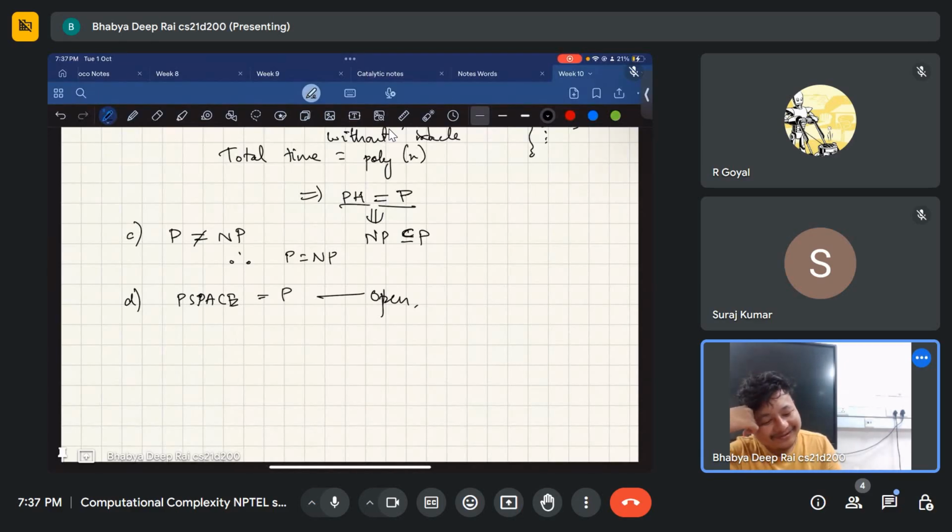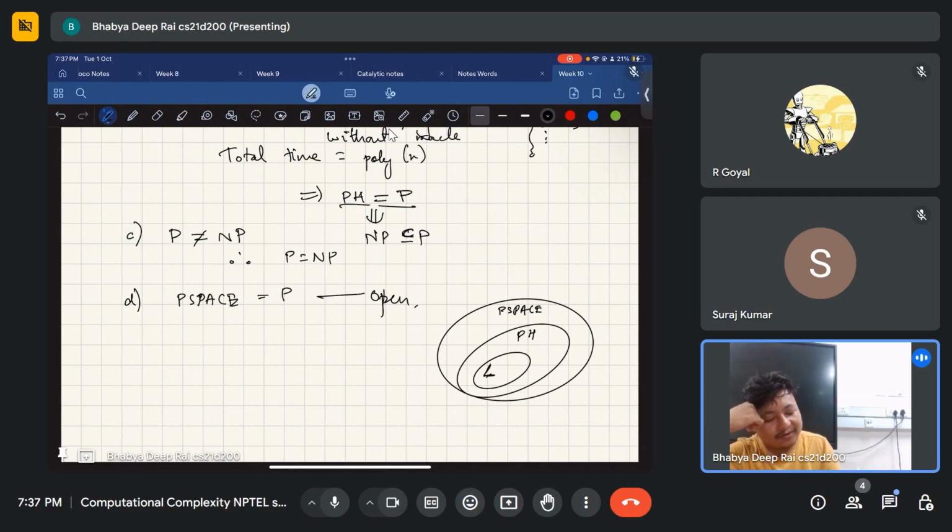You have this P space, and you have this PH, and you have this L. So the collapse is happening sort of here.